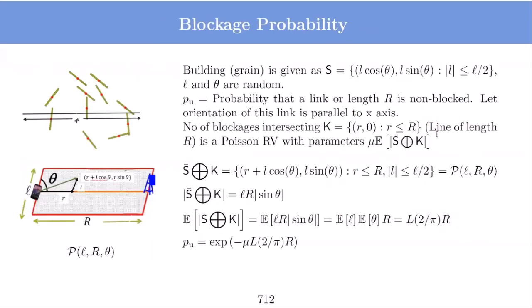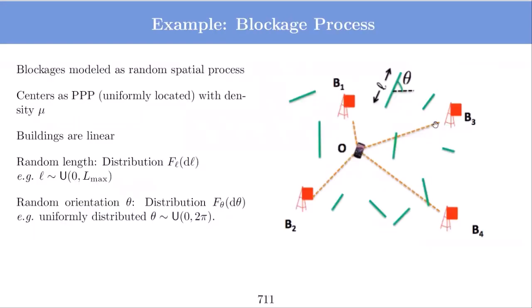So we have already computed the probability that the blockages intersect with set K. Okay, so here the set K is this line. So we have to compute the probability that none of the blockages intersects with this line.